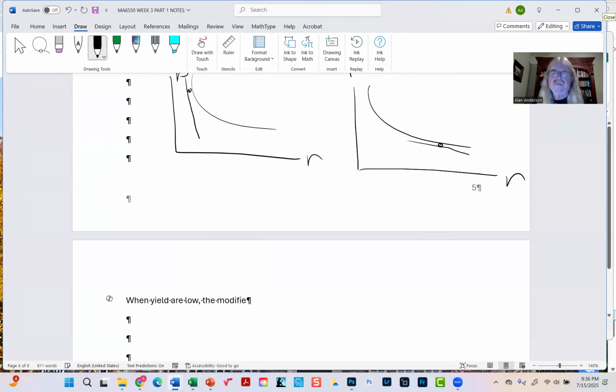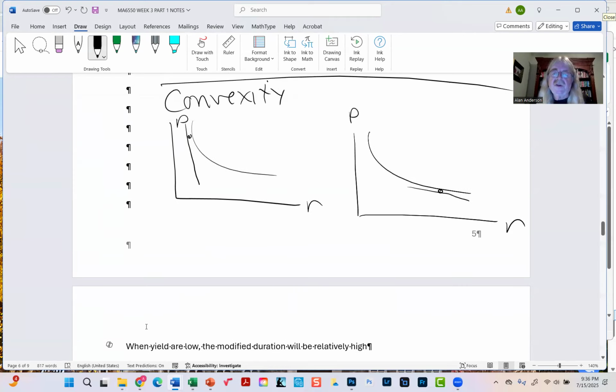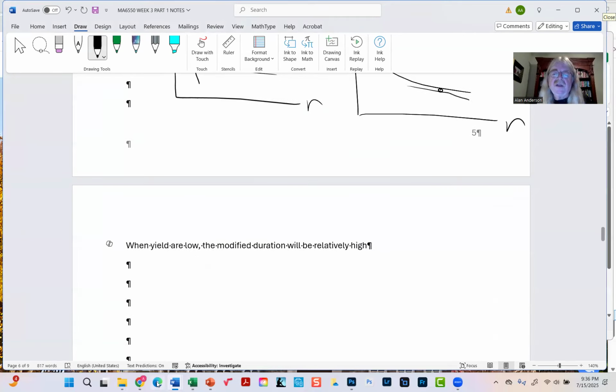So the modified duration will be relatively high, and you can see why the slope is very, very steep. But when yields are high, the modified duration will be relatively low.